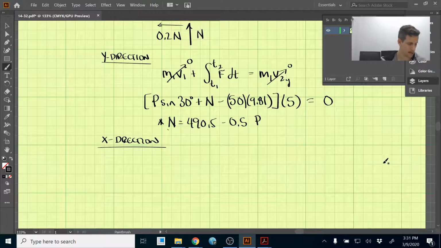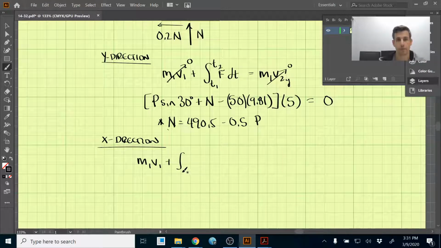Okay, we're going to write out the same equation, but just remember this is the x direction this time. The integral of F dt equals m1 times the velocity 2; we really only have one mass times the velocity 2. All right, it's still starting from rest, so this comes out to be 0.